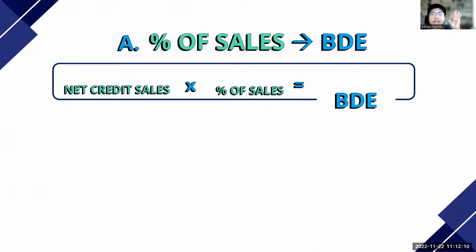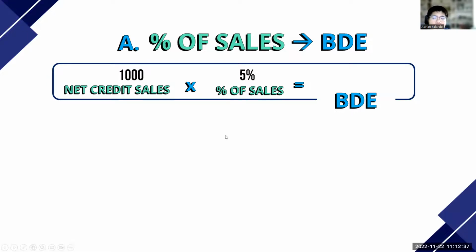Let's first go to percentage of sales. The first thing na I want you to master and memorize is that kapag percentage of sales yung ginamit na base, ang makukuha nyo is yung bad debt expense. Again, percentage of sales, ang makukuha nyo would be bad debt expense. So for example, you have net credit sales of 1,000, that will be the base of your percentage of sales.